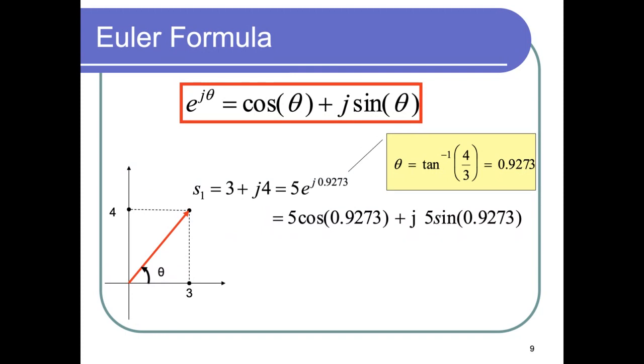We will use it a lot. But typically for now, let's just take it as is, and we will see why it's very important. So if we do that, 5e to the power of j 0.9273 is simply 5 cosine of that angle, 0.9273, plus j 5 sine of that same angle.